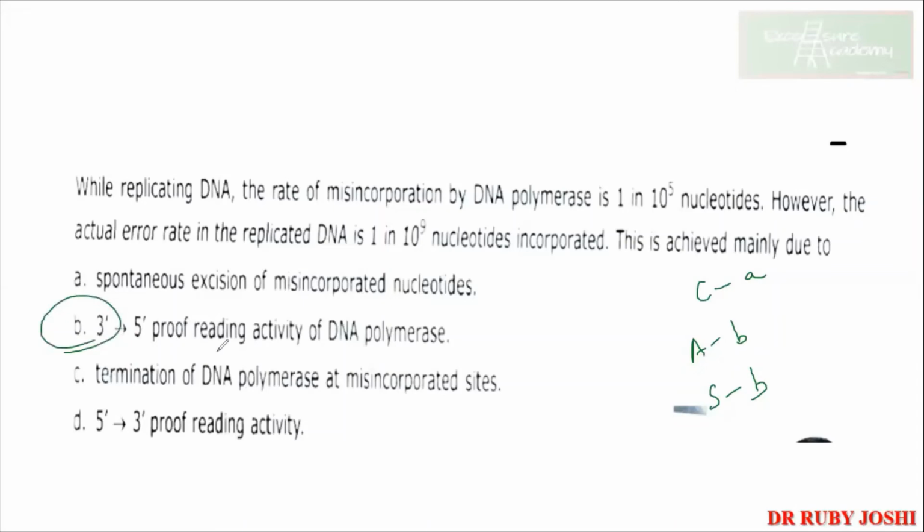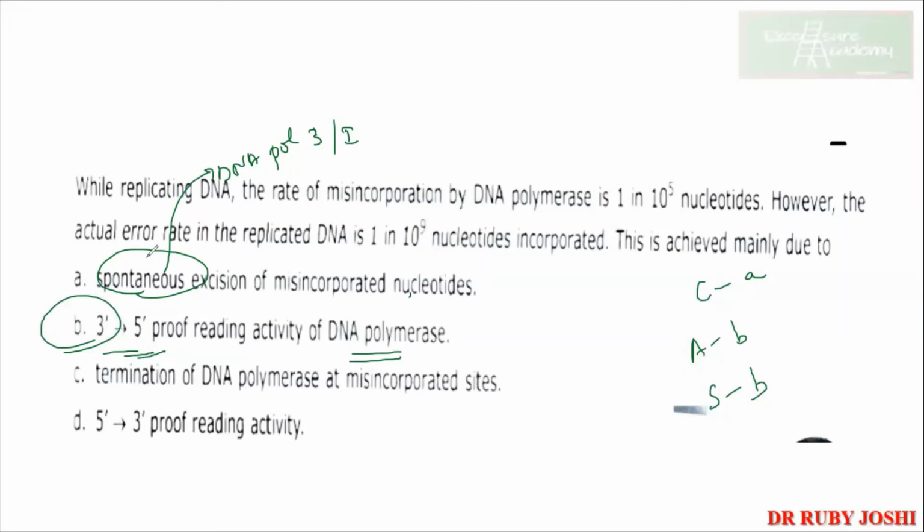Why? Because till now I taught you about the 3' to 5' proofreading activity of DNA polymerase, right? And Chandni, there is never a spontaneous excision of a misincorporated nucleotide. It is always regulated by either DNA pol 3 or pol 1. So you can't have spontaneous excision.